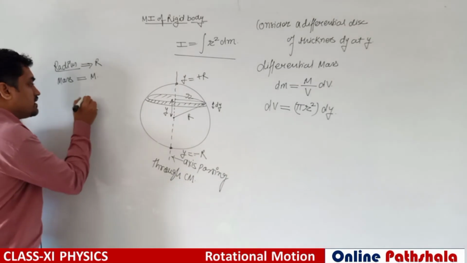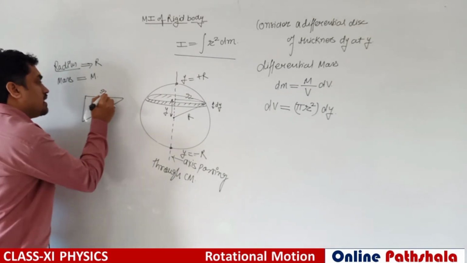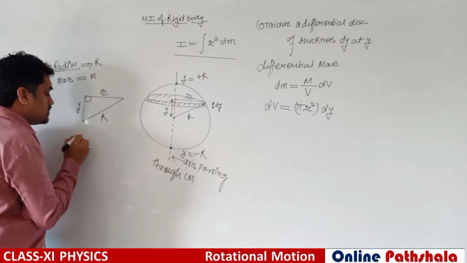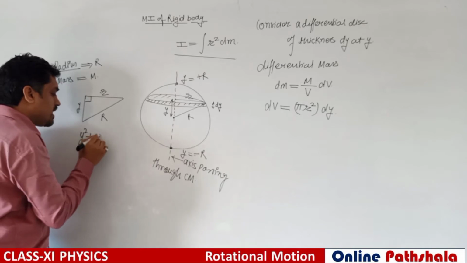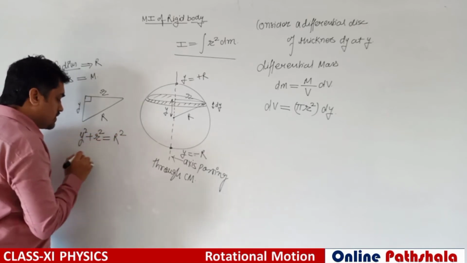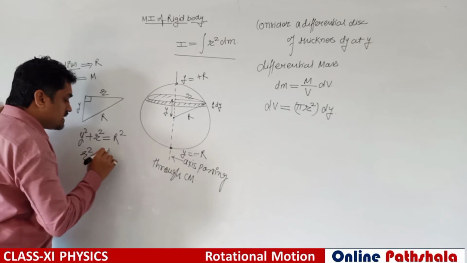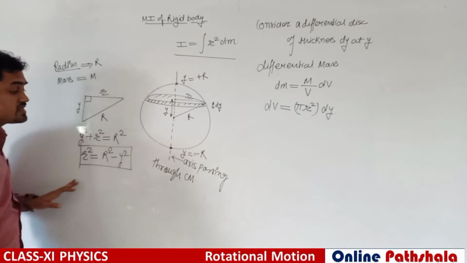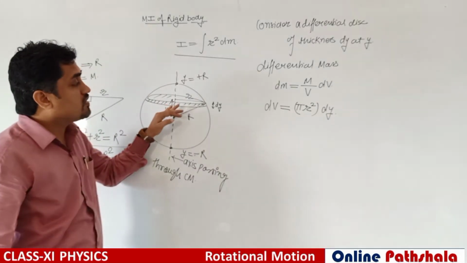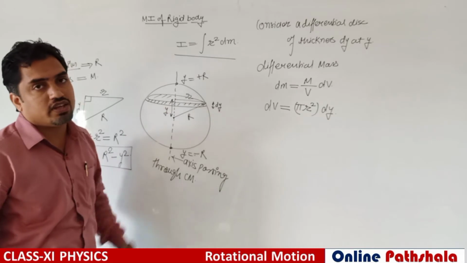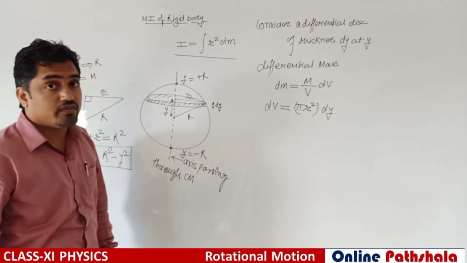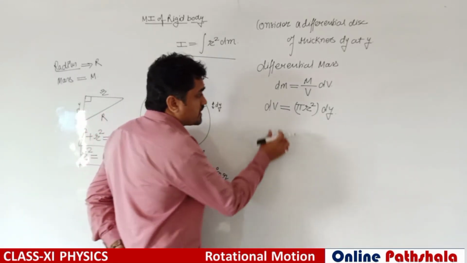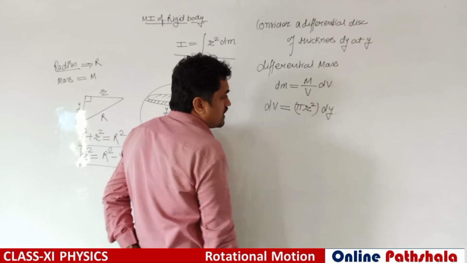These three quantities r, y and capital R make a right angle triangle, so using the Pythagoras theorem, small r square is equal to capital R square minus y square. We have to use this relation because small r and y are both variable, but we have to do integration only with respect to one parameter. So dV is equal to pi r square into dy.